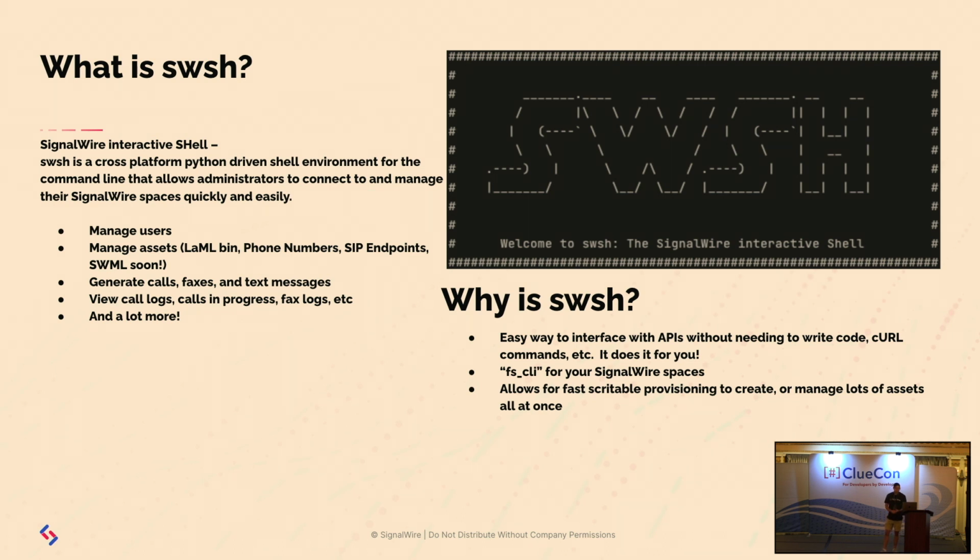So that's kind of where the idea of it came from, and the direction that we went is we wanted to make a command line shell that would allow you to manage your SignalWire space.